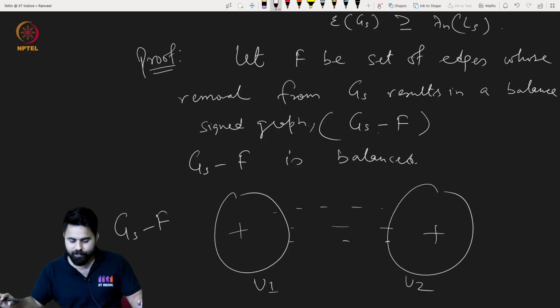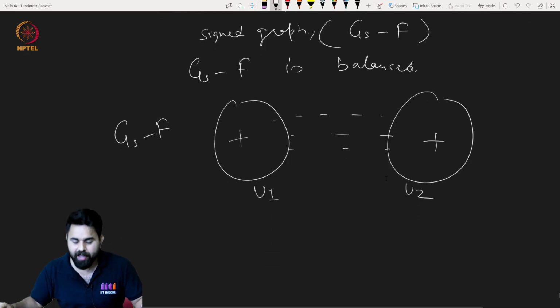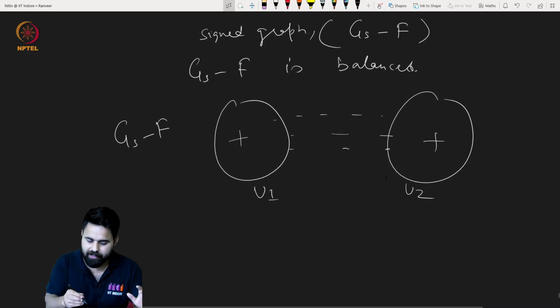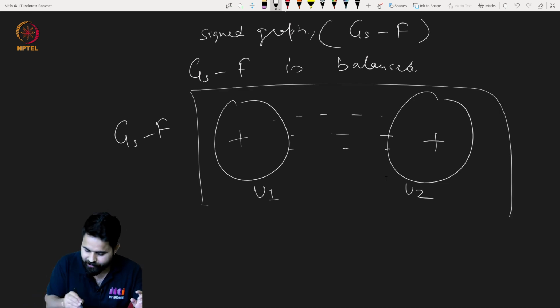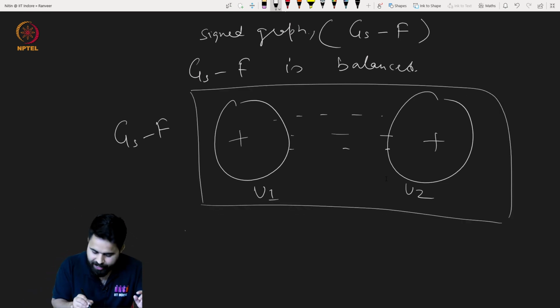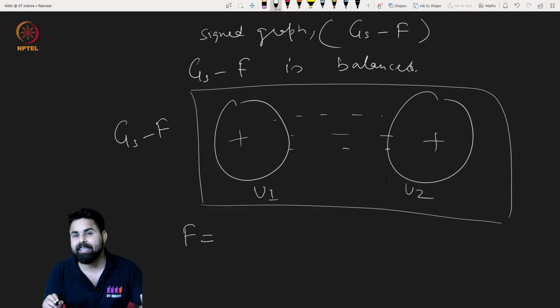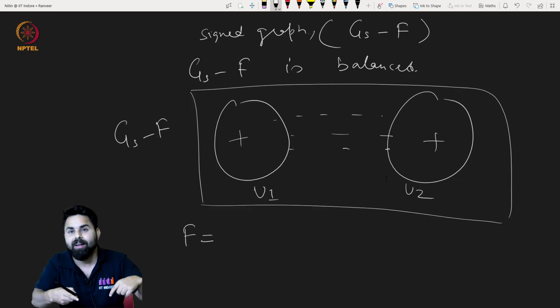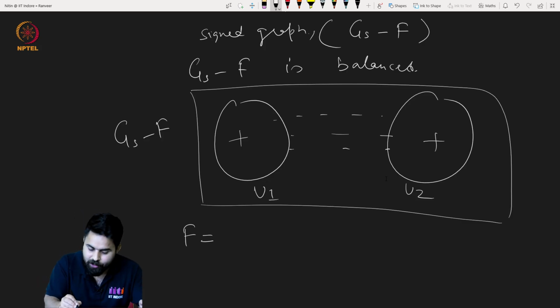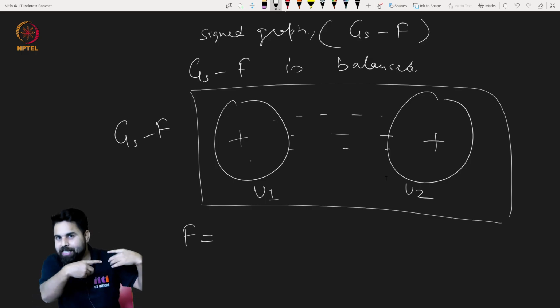Now the interesting thing is this: if you see carefully, F is nothing but the negative edges which were inside V1 or V2. Those we have now removed.